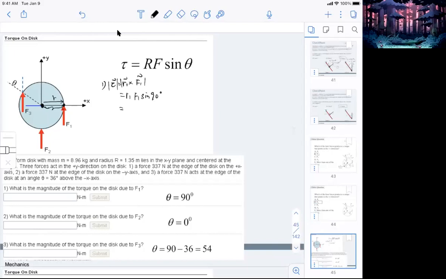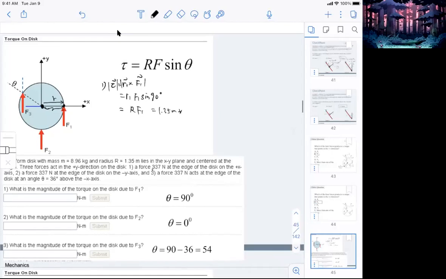So you're going to put R1 and F1 times sine of 90, which is 1, okay? You can plug in the numbers later. F1 is 333 newtons, which gives 455 Newton meters. Okay, so that's the first question.